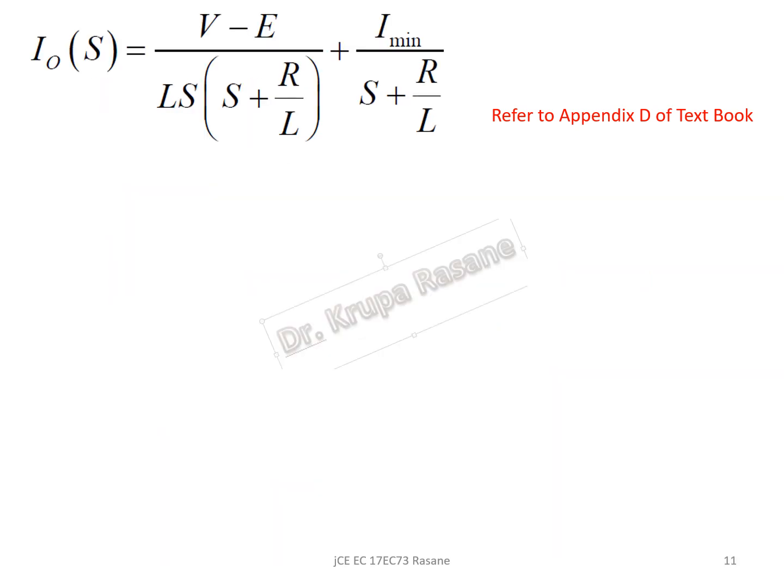So getting the expression forward, we get I naught S equal to (V minus E) upon L times S into (S plus R by L), plus I minimum upon (S plus R by L).